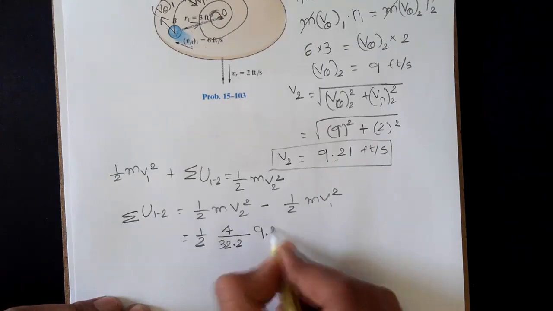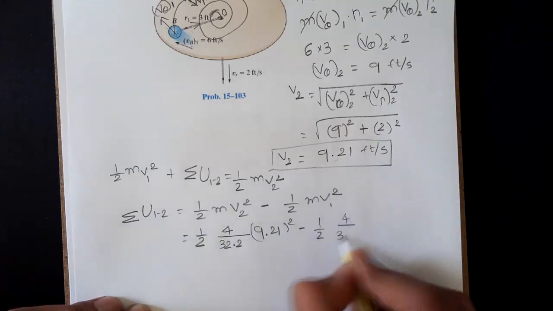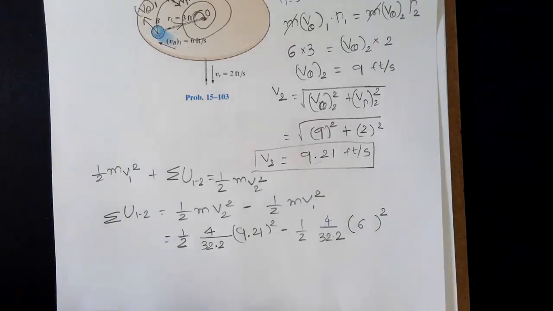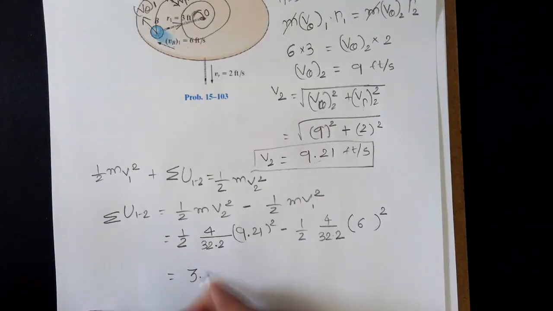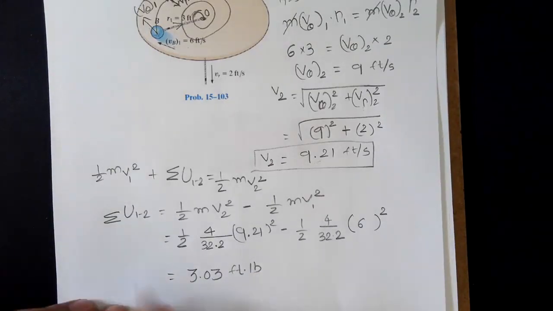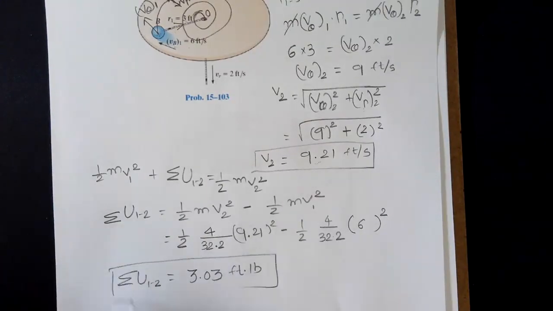So this is 1/2 times 4 divided by 32.2 multiplied by 9.21 square, minus 1/2 times 4 divided by 32.2 multiplied by the absolute beginning velocity, which is 6 feet per second square. And this was given. So when you do this math, you will get the number 3.03, and the unit for work done is feet pound. And that's our second answer. That completes the solution.